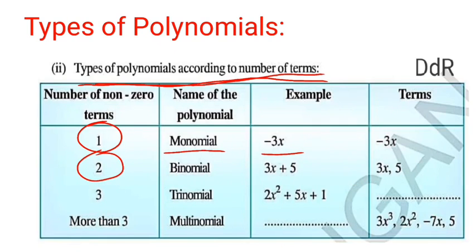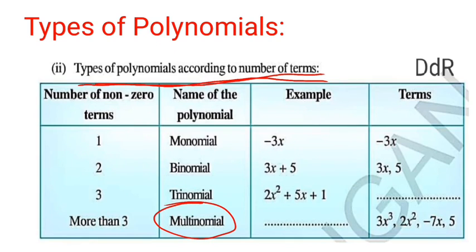Next, more than 3 terms. When a polynomial contains more than 3 terms, it is called a multinomial. Multinomial example, terms given: 3x cube, 2x square, minus 7x, 5, total 4 terms. So it is called a multinomial.